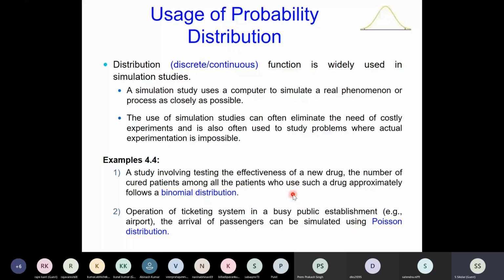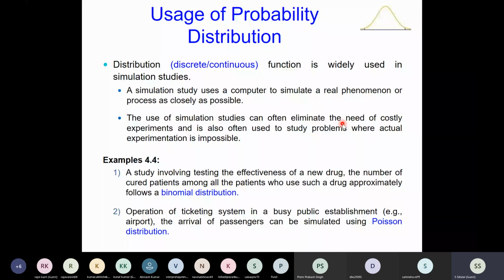So why do we do this thing? Also, with all these distribution functions, the use of simulation studies can often eliminate the need for costly experiments, and is also often used to study problems where actual experimentation is impossible. See, we cannot try with each and everybody. You cannot put the life of each person, or of, let's say, this total area, maybe this city, at stake.